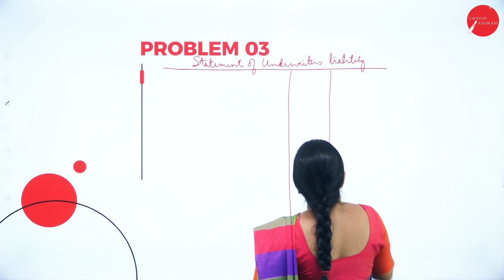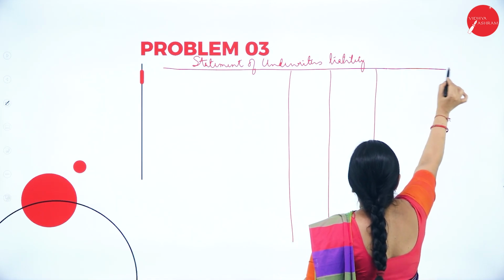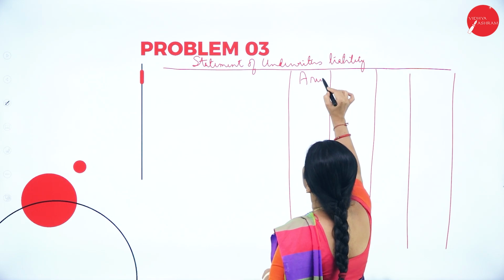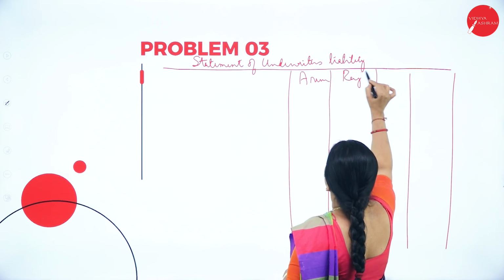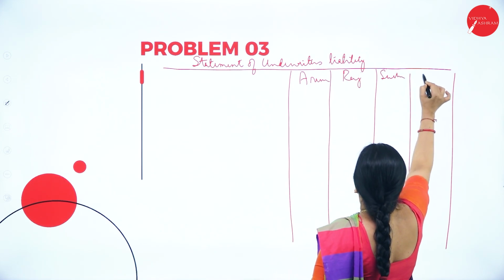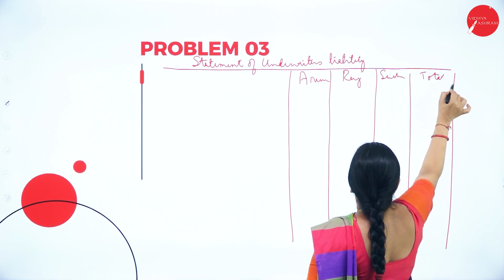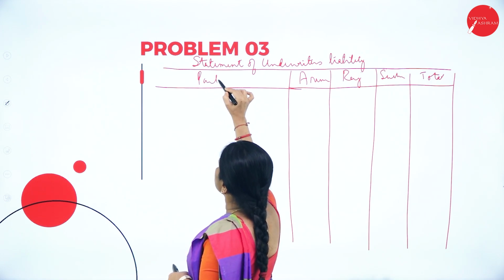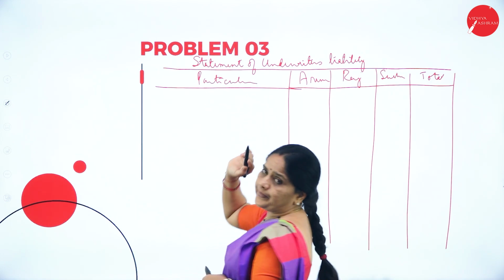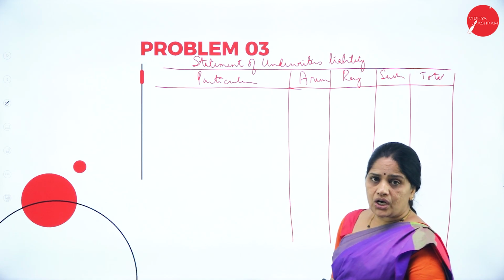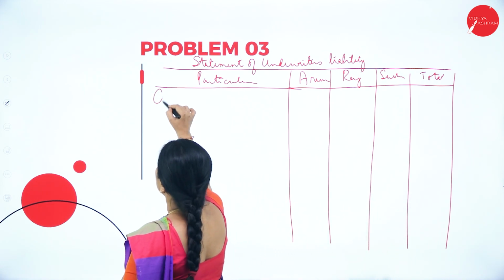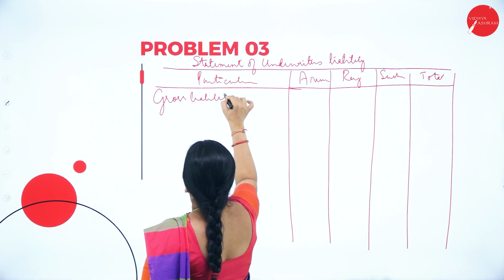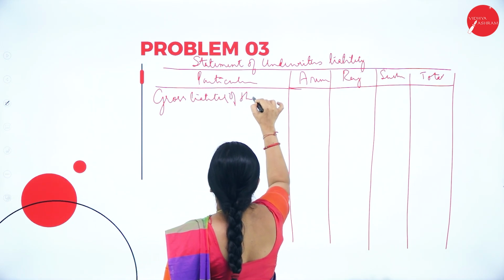So I have 3 columns here: Arun, Raj, Sushma, and the total. Okay. So we have the particulars here. Now the first entry will be the gross liability of the underwriters.